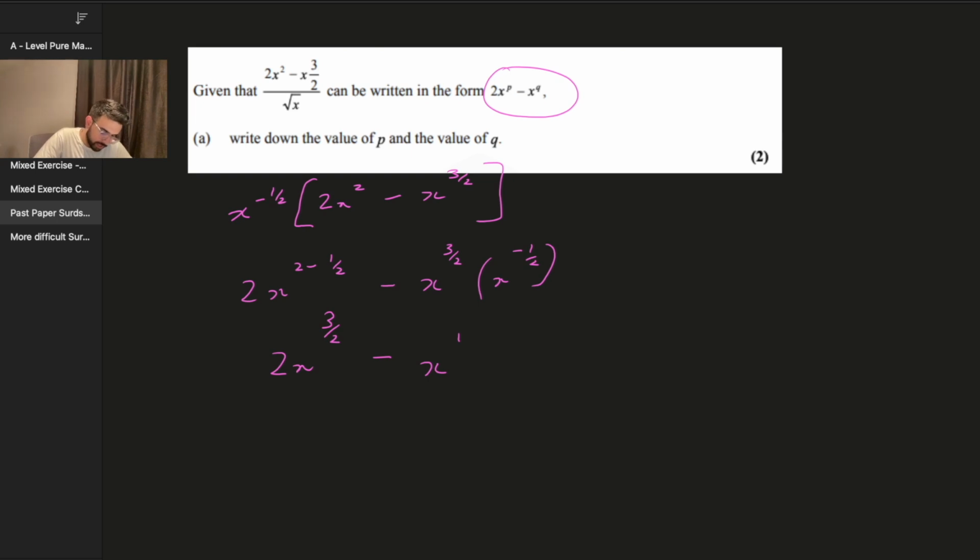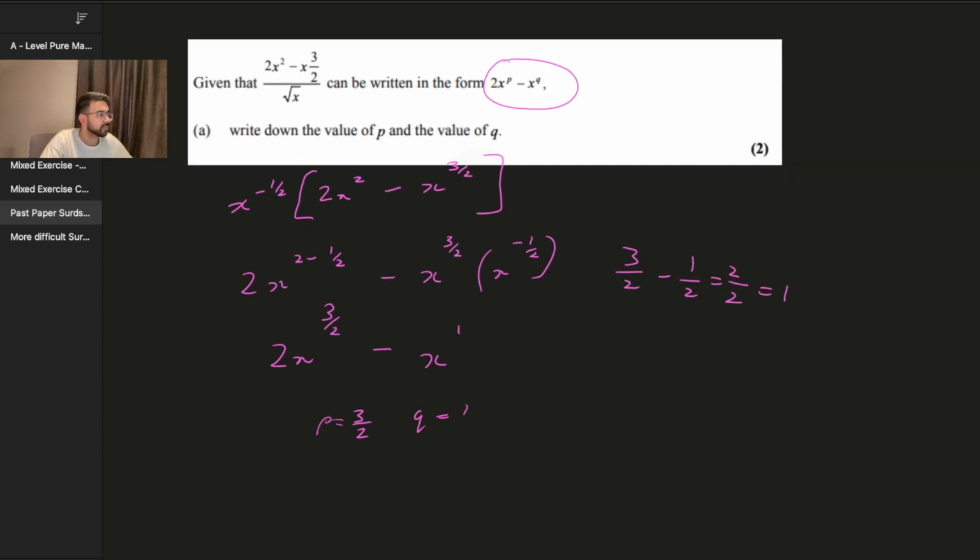Okay, because simply 3 over 2 minus 1 over 2 is just 2 over 2, which is 1. So it's just going to be 1 on its own. So Q is going to equal 1 and P is equal to 3 over 2. Perfect. So let's just make a note of that so you guys have that. Equal to 1. There we go. Okay, now let's move on to the next question.